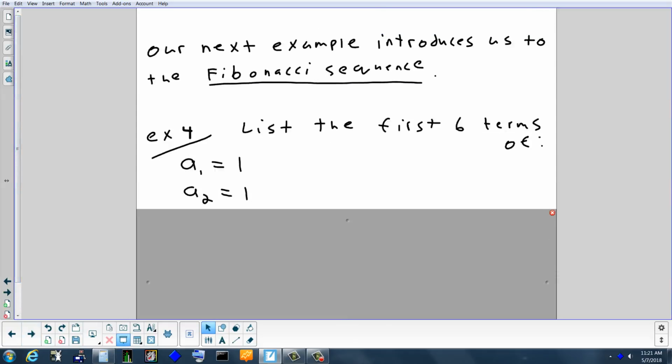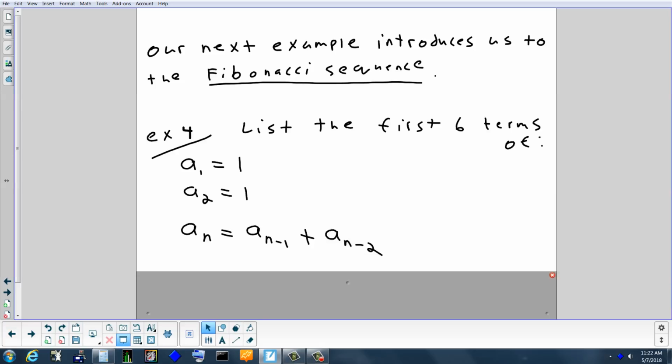Since this particular sequence requires 2 terms in a row before the one you want to know, I have to start you off with the first 2 terms. So to find the third term, you're going to use the term before it, the second term, and the term before that, the first term. Somehow, you're going to combine them in some way. And that's how you combine them. You just add them.